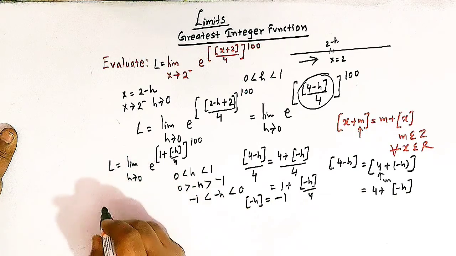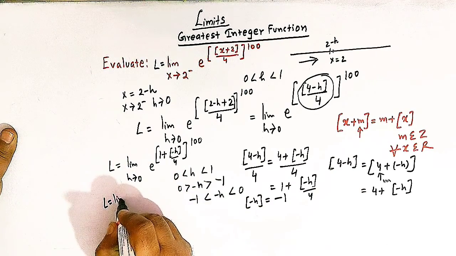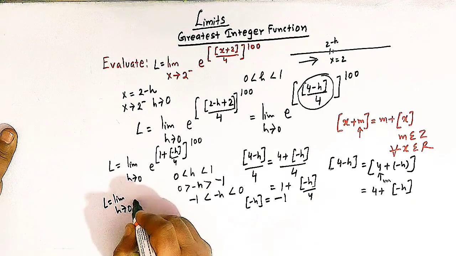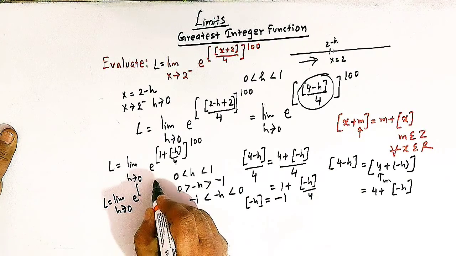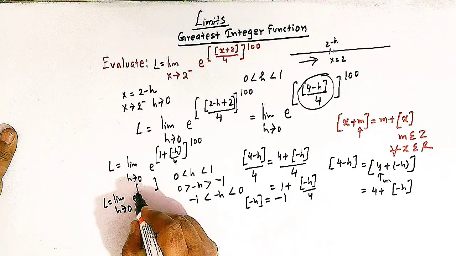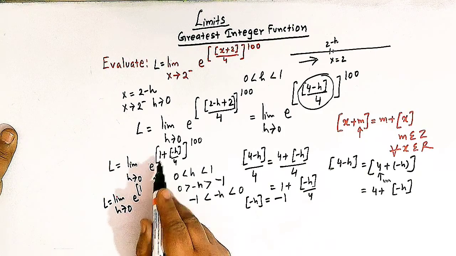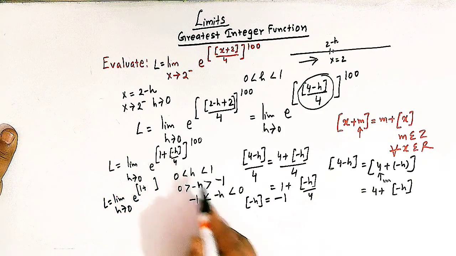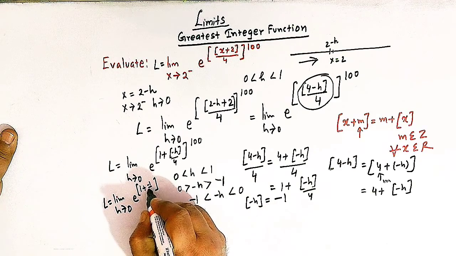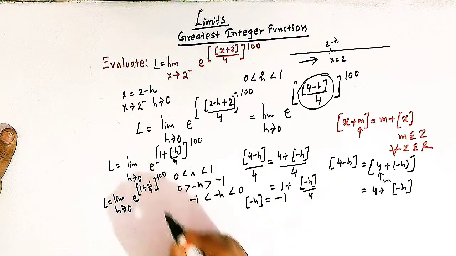So now this limit L is equal to limit h tends to 0 of e raised to greatest integer of 1 plus minus 1 over 4, raised to 100.